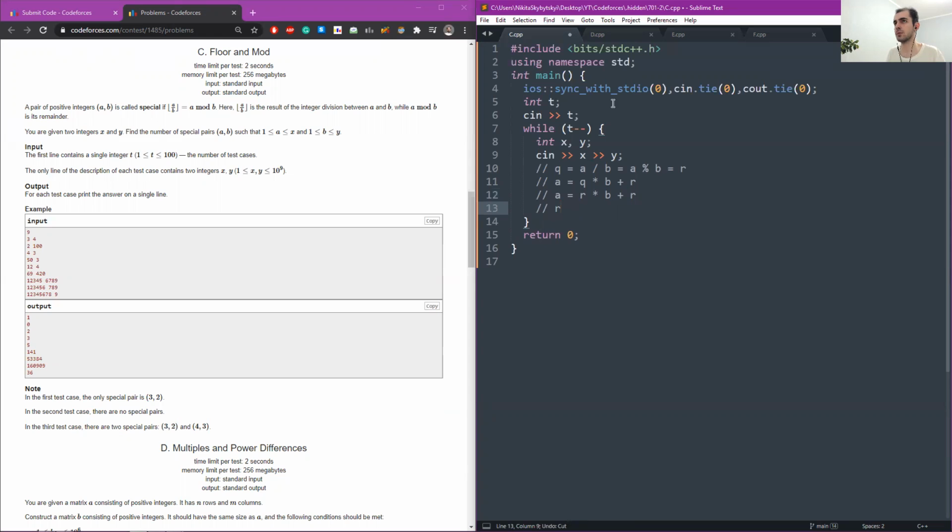Well, because remainder is between 0 inclusive. No, not inclusive, and B also not inclusive.